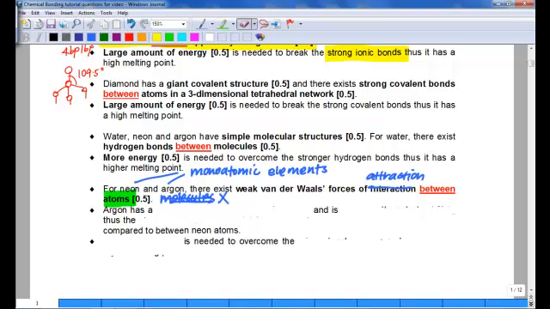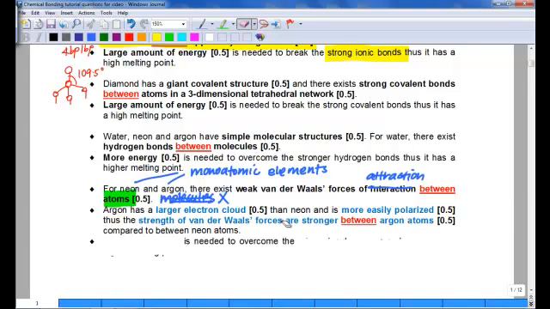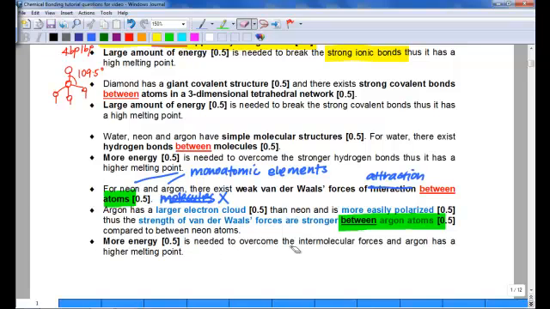So from then on, please continue to mention argon has a larger electron cloud than neon, and hence is more easily polarized, and thus the strength of VDW is stronger between argon atoms. Please indicate that you are referring to between the argon atoms. Okay, I always like to emphasize the importance of writing between. And then from then on, you have more energy needed to overcome the intermolecular forces, and argon has a higher melting point.